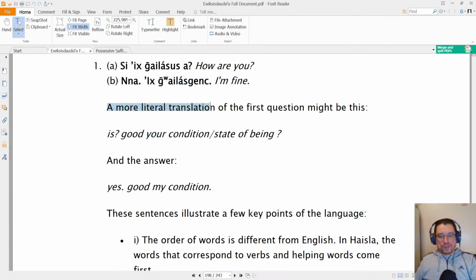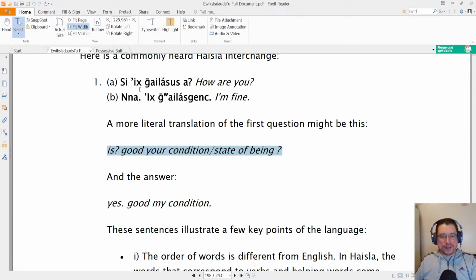And then he goes on to say a more literal translation of the first question might be this. So he's translating it exactly in the order that it would appear in Heisla. He says, is good your condition or state of being? This refers to the word order that we're seeing here. C is basically a question word, and it's kind of like the default form of it.